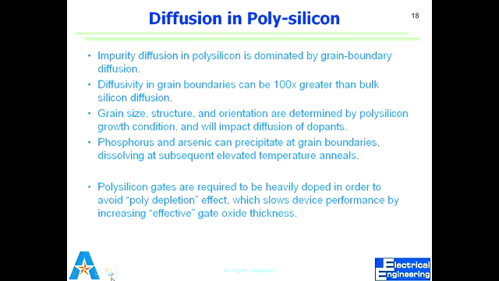Right? We don't do diffusion only in silicon, what we call single crystalline silicon. We do doping in other materials. Polysilicon is one example. Where do we use polysilicon? To replace conductors, right? So the gate stack is made of polysilicon, heavily doped polysilicon.